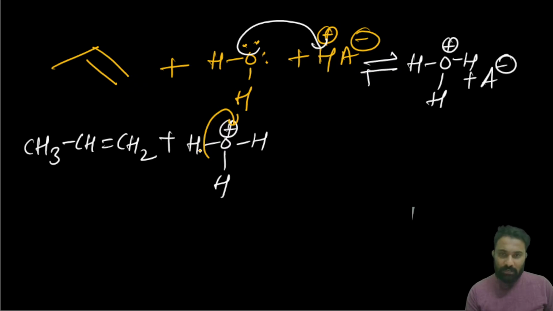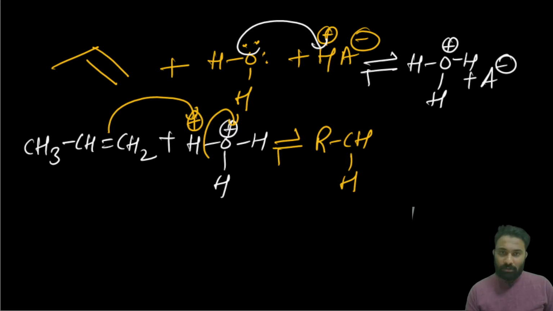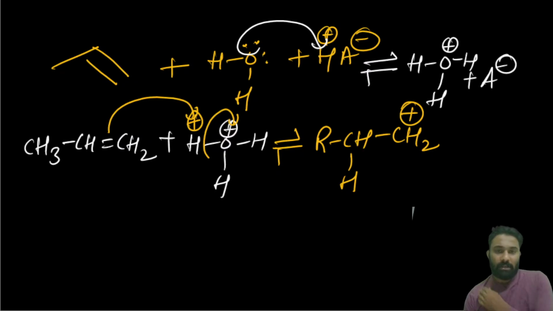Done. Now here it will generate the H plus. Now what will this alkene do? It will abstract that H plus. When it has abstracted that H plus, now what will it get? Here the H, and it will generate one carbocation. If the carbocation is generated here, if the hydrogen is attached to the number 2 carbon, we are getting the 1 degree carbocation.